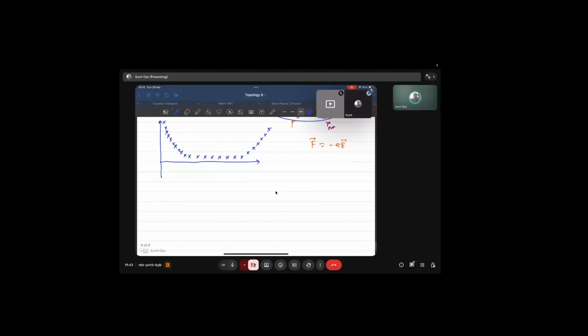So this is, let's say, one Landau level. These crosses are different m values. This is one Landau level, and then there are many others which I'm not drawing, of course.